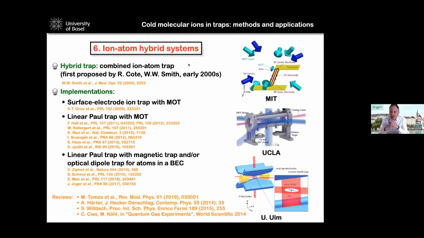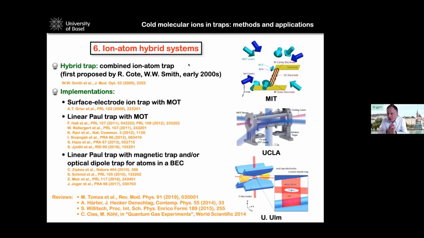Right. So let us now come to a few experiments. And I already said that I will focus in my talk on ion atom hybrid systems. Over the course of this school, you have heard about atom traps, ion traps, molecule traps.